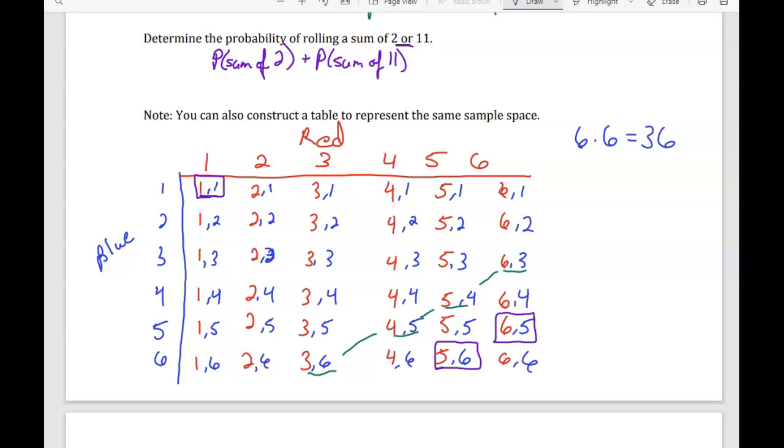Since there aren't any that are the sum of 11 and 2, I don't have to subtract anything out. So I have 1 out of 36 plus 2 out of 36, or 3 total out of 36, which is 1 out of 12.